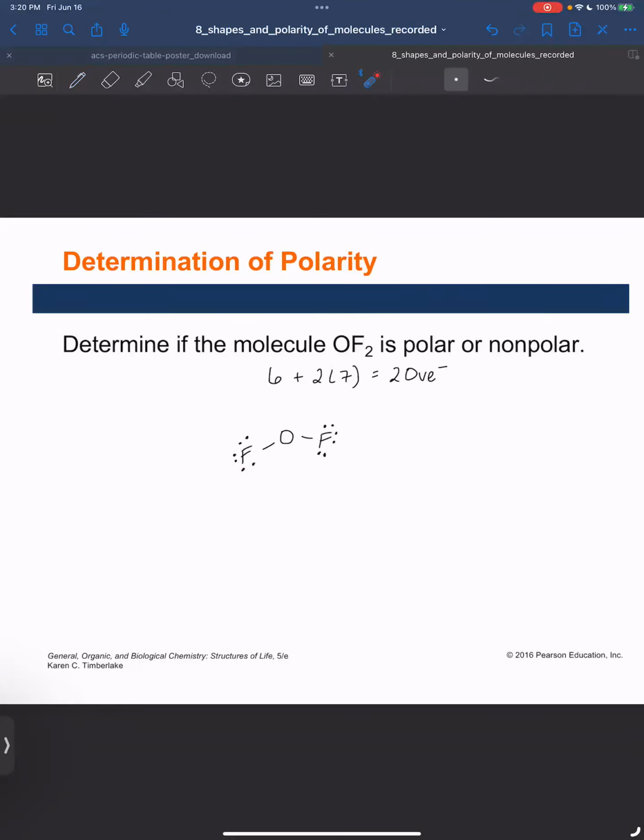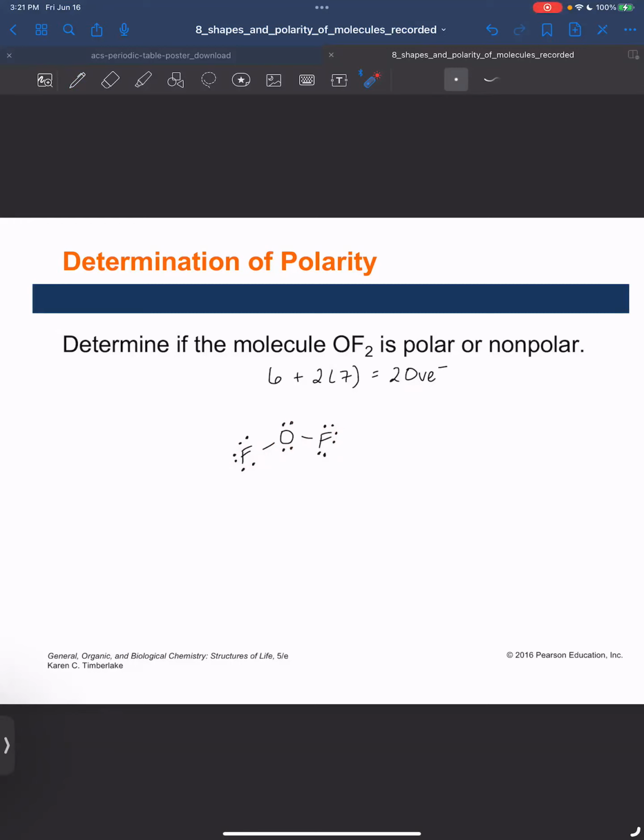I've drawn 1, 2, 3, 4, 5, 6, 7, 8, 9, 10, 11, 12, 13, 14, 15, 16. I put the leftovers on the central atom now, 17, 18, 19, 20. I check to see if oxygen has an octet. 1, 2, 3, 4, 5, 6, 7, 8, and it does. So this is the Lewis structure for oxygen difluoride.